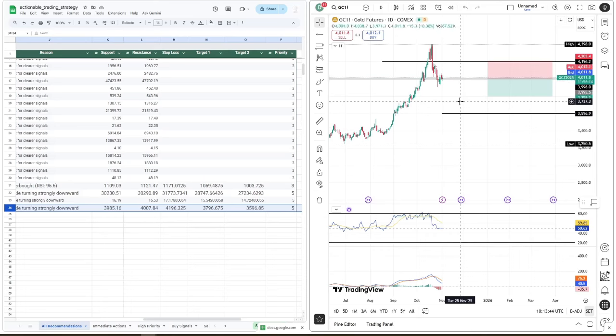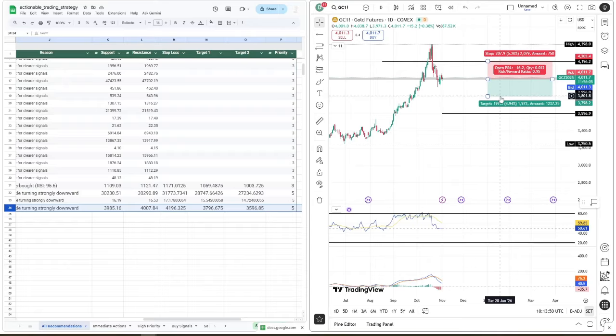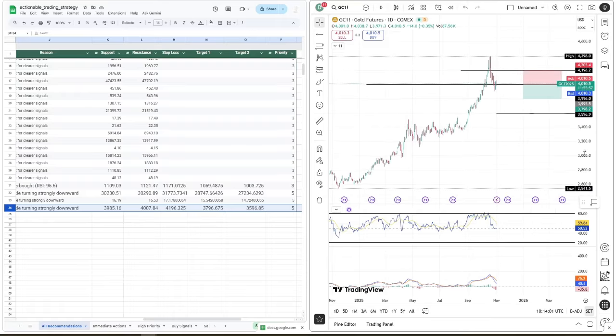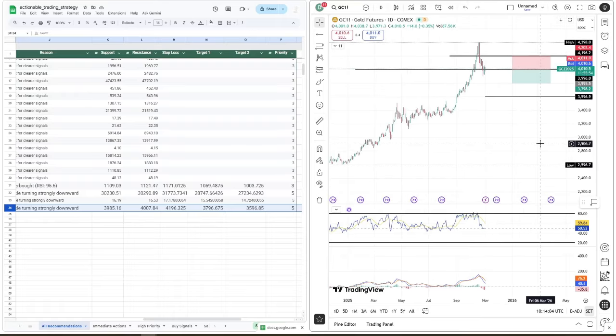So gold futures should be around $3,600, okay, around here, $3,800, $3,600. So what the cyclicality in the market tells us is that the cyclicality of gold futures prices is going downward.